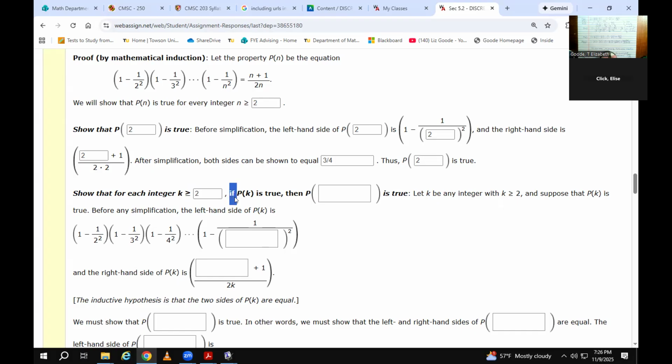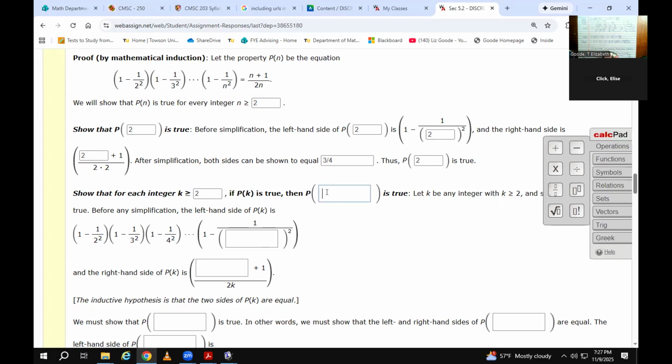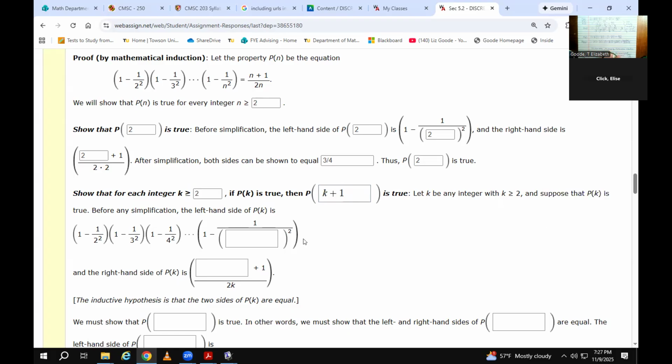If. If it's an if then, the inductive step is an if then. If P of K is true, then P of K plus 1 is true. It's interesting that the principle of mathematical induction is a nested if then.